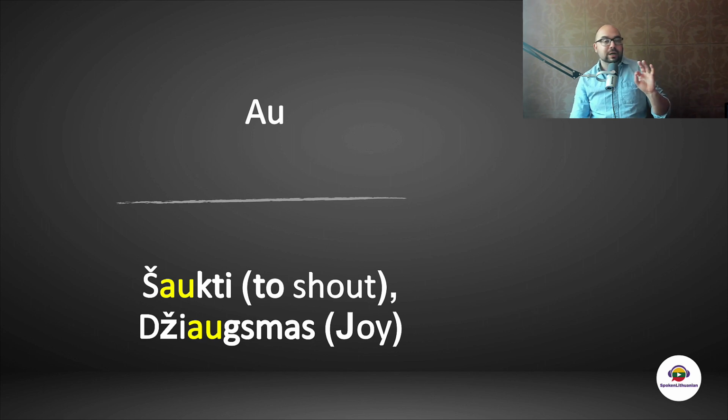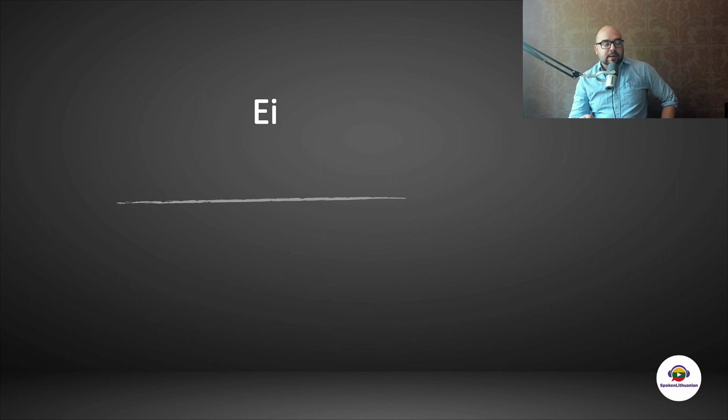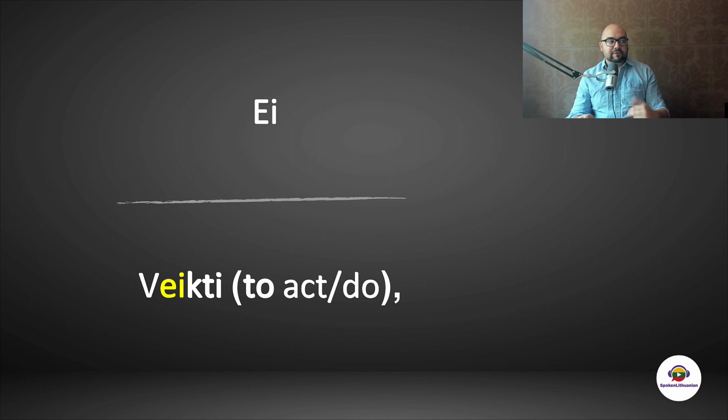I'm not saying džiaugsmas like šaukti. It's a bit softer. I'm working with the upper part of my mouth. Džiaugsmas, joy. Okay? Then we have the a, like veikti, to act or to do.